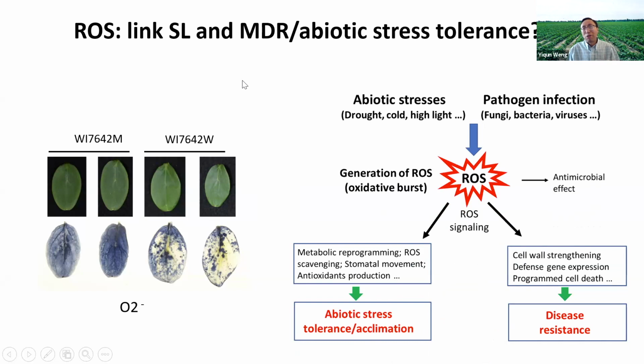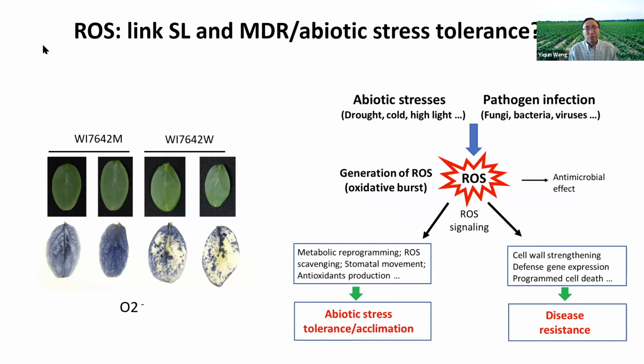So here is our hypothesis. Basically, it's well established that ROS is involved in almost all those biotic and abiotic stress tolerance and resistances.